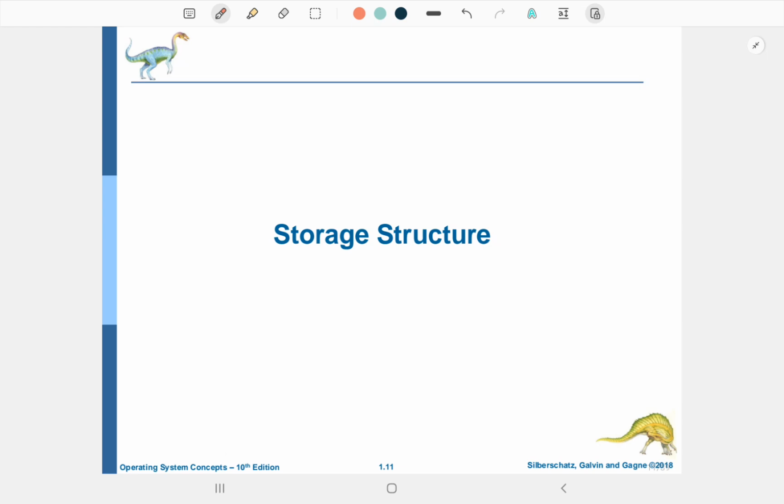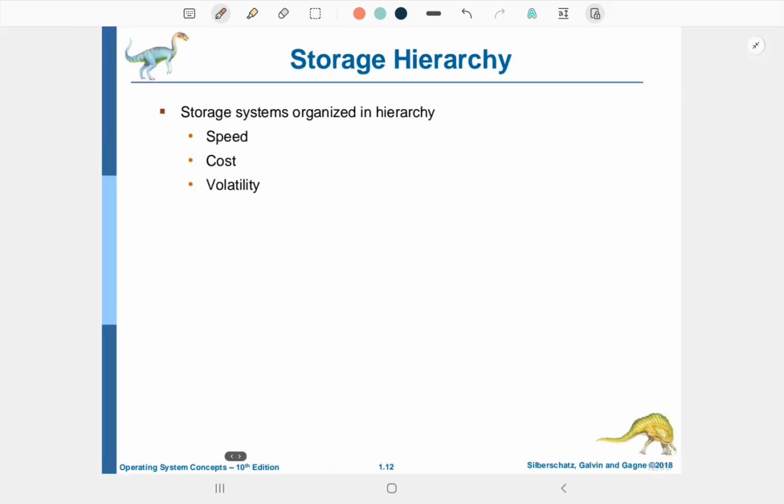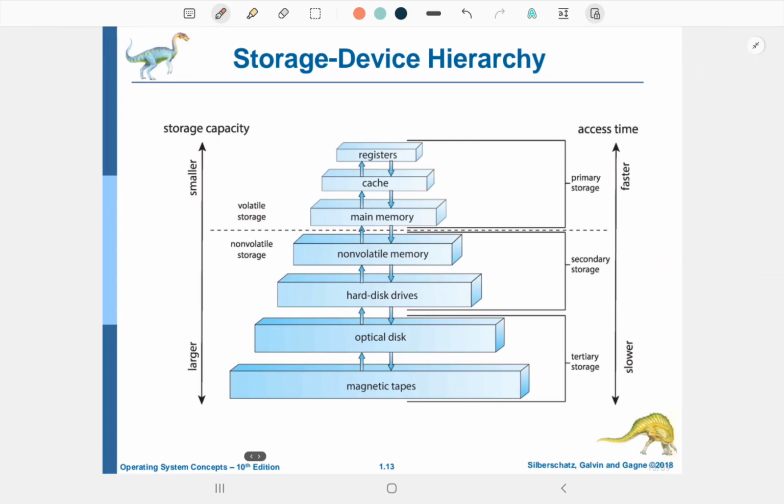Quick reminder here about computer architecture and specifically storage structure, so things that you've already seen from the computer architecture course. So we know that the storage devices are actually organized in a hierarchy by different criteria, things like speed, cost, volatility.